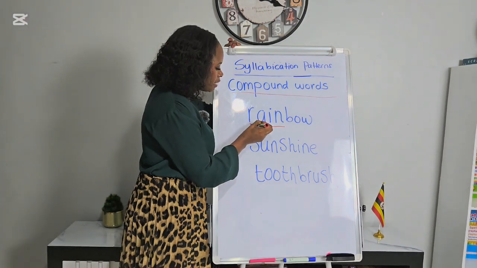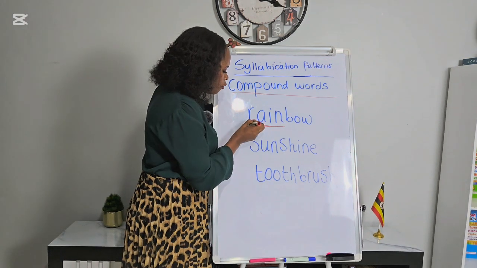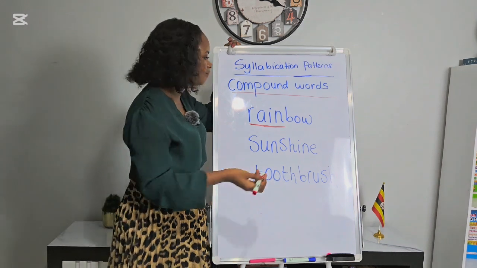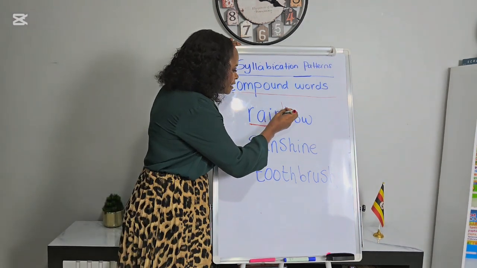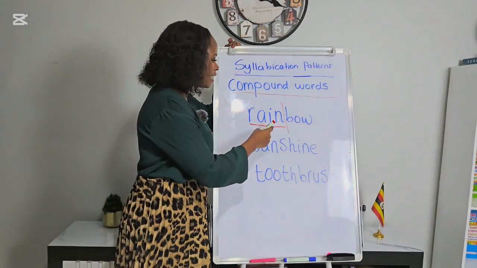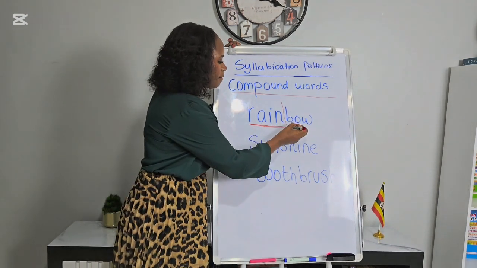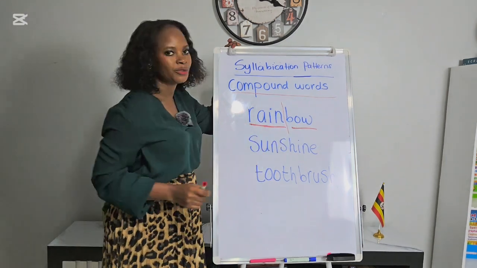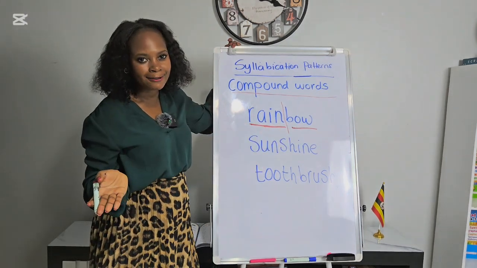Look. Rain. Rain is a real word. Rain makes sense on its own. If you reach that point, split from there. You have two separate words now. Rain, then bow. Two words. Rainbow. Great. Which one is easier for you?